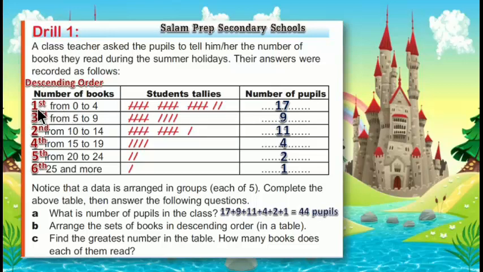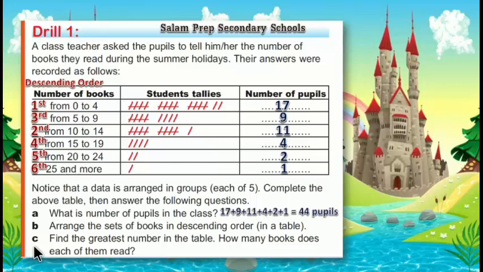The first one from 0 to 4, the second one from 10 to 14, the third one from 5 to 9, the fourth one from 15 to 19, the fifth one from 20 to 24, the last one 25 and more.